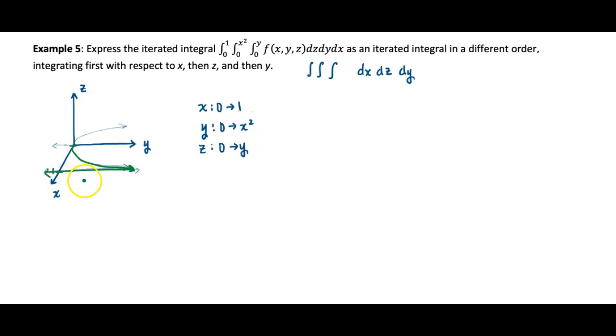Well, x equals 1 intersects when 1 is equal to x squared. So this point is 1, 1, meaning at this point right here, my z value is 1. At this point right here, my y value is maybe 1/2, and my z would also be 1/2.